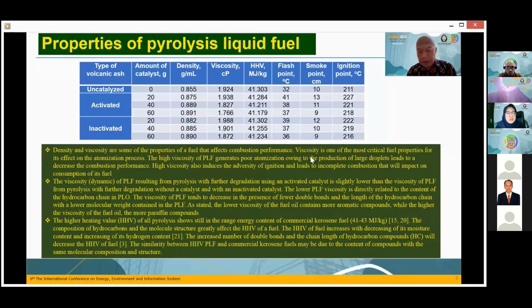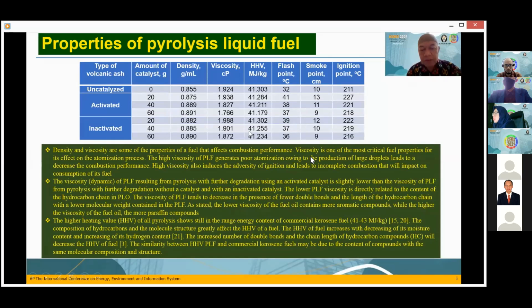On the physical property of the liquid fuel, it is seen that the higher heating value of all pyrolysis liquid fuels is still in the range of the energy contained in commercial kerosene, of about 40 megajoule per kg, of about 30 megajoule per kg.